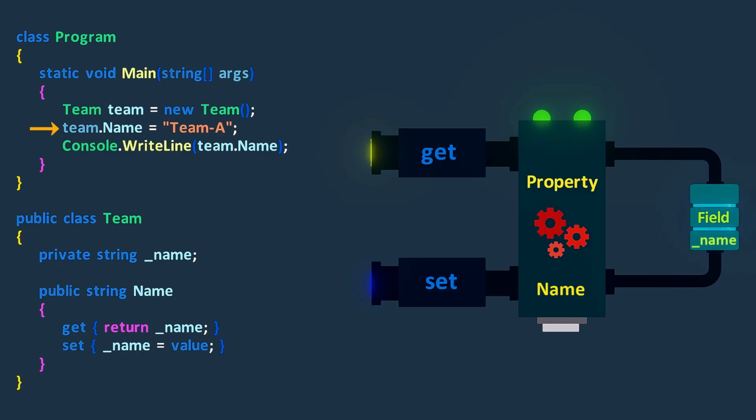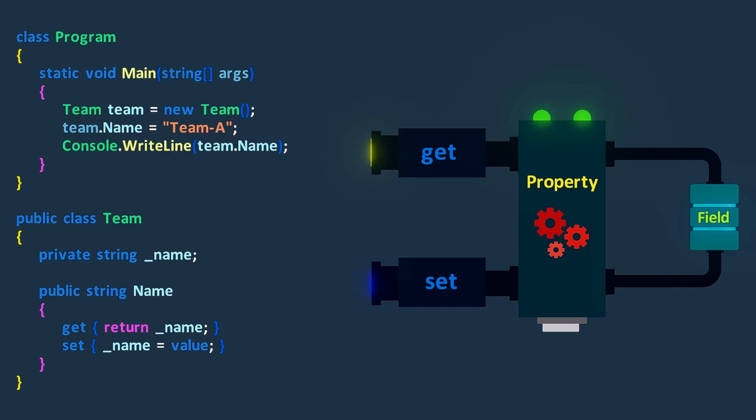Then, whatever data we are supplying will come and be stored inside the variable called value by default. It provides the flexibility and safety of a method. On the other hand, the getAccessor allows us to read the value from a field. When other classes read the property, the getAccessor is executed. This approach also gives us the flexibility and safety of a method.